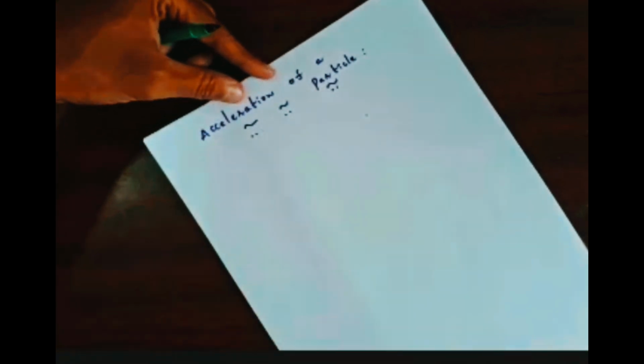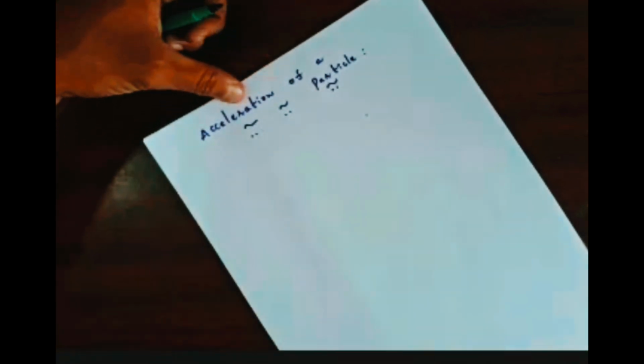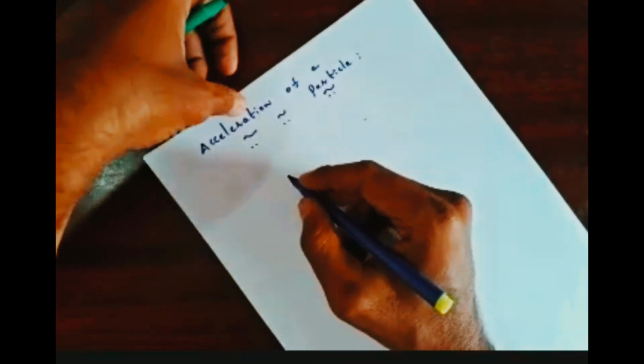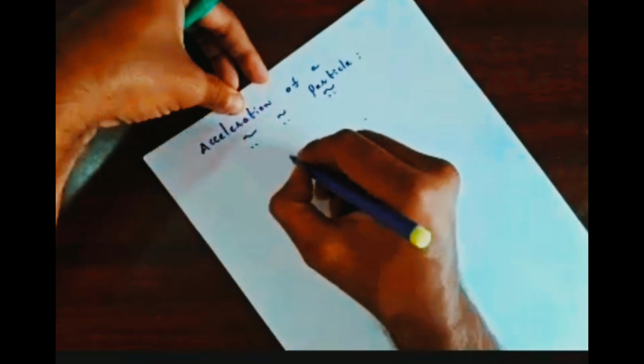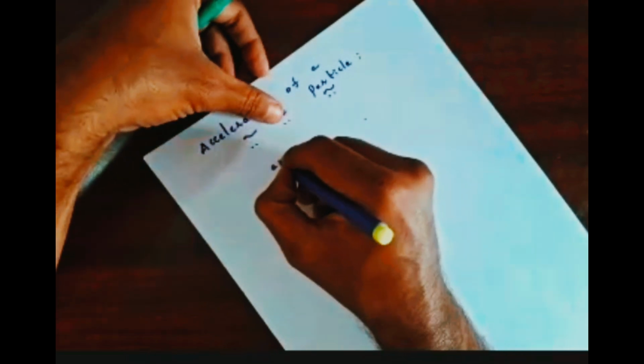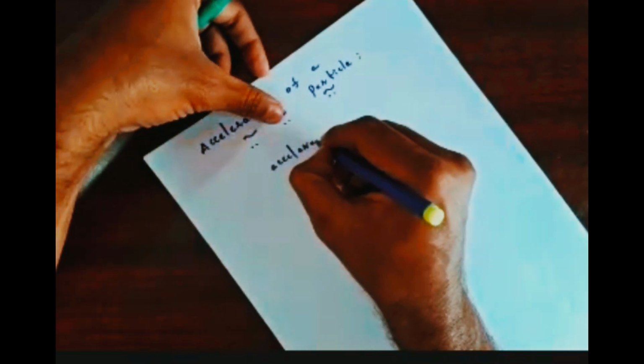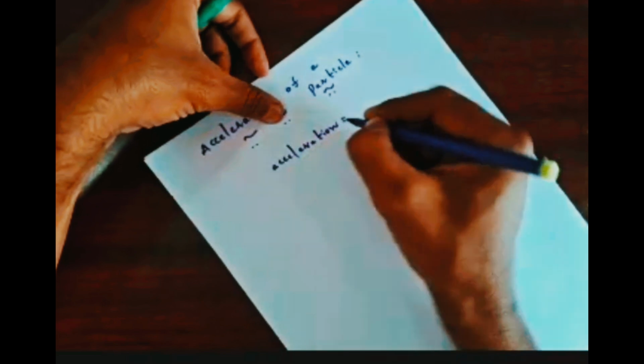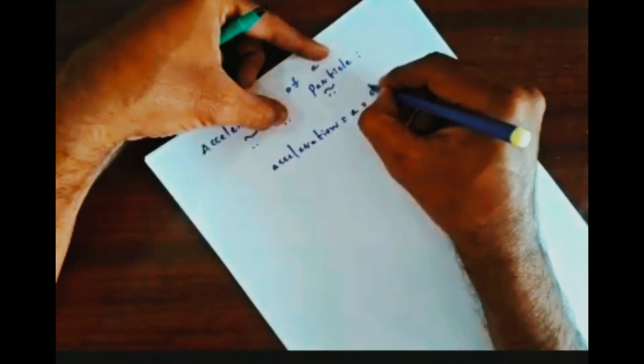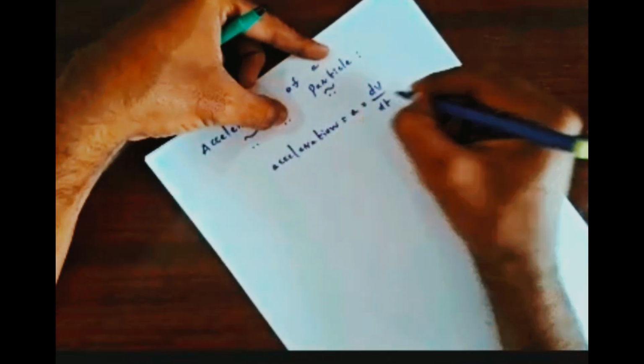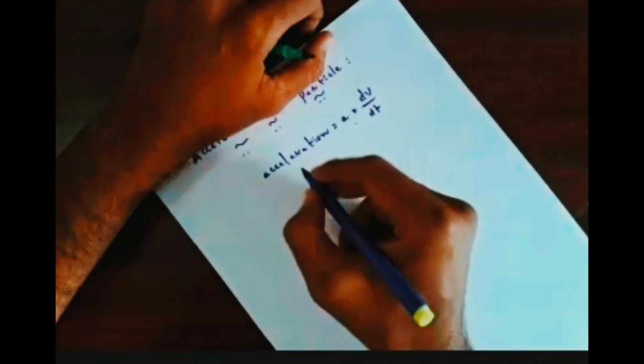Previously, I told you that if you differentiate the displacement once, you get the velocity. Again, if you differentiate the velocity, you get acceleration. It means the acceleration a = dv by dt.